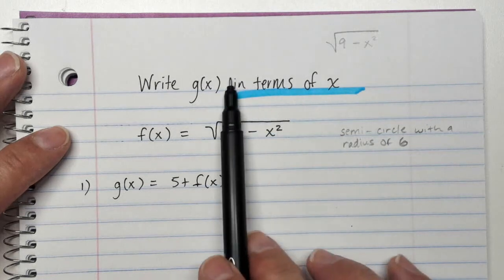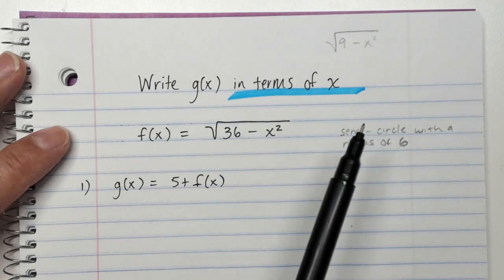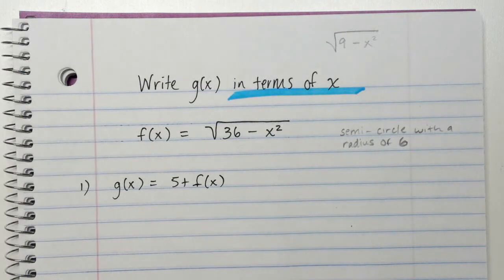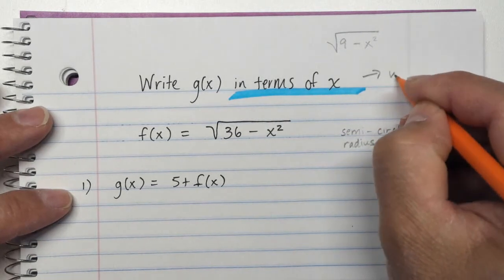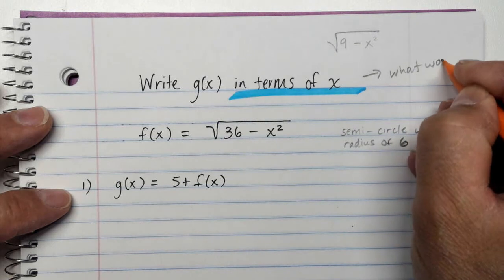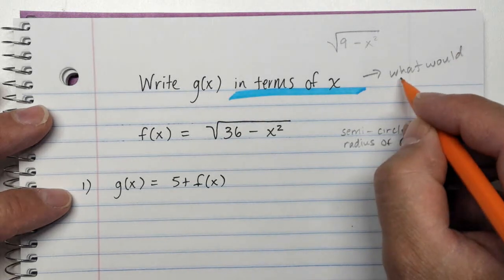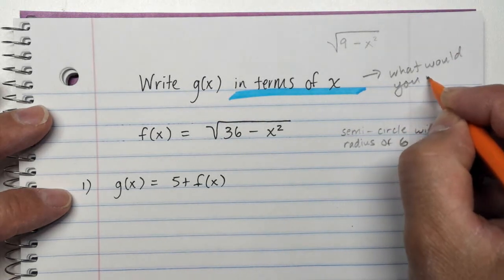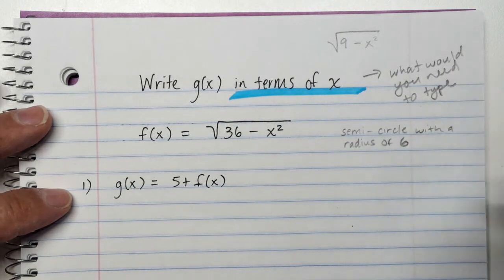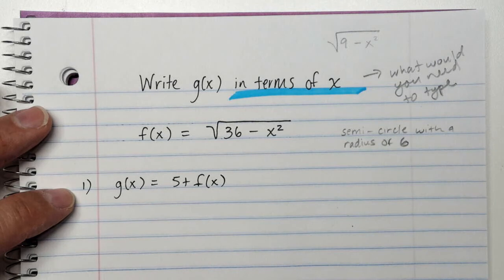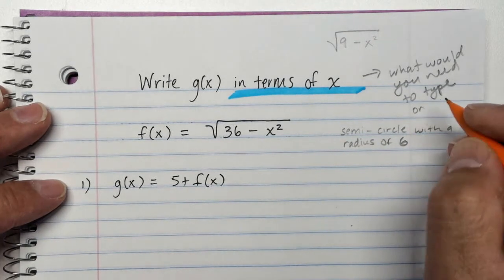Basically, one way to think of it is, what would you type on your calculator to get it to actually graph?